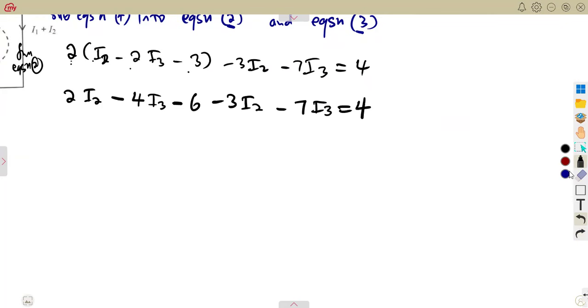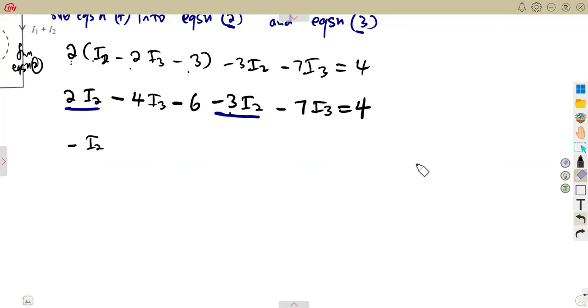Let's simplify, guys, considering where there is I2. We've got 2 I2 here and also minus 3 I2 here. That is 2 minus 3. So what are you going to have there? That is minus 1 I2, so it's just going to be minus I2.